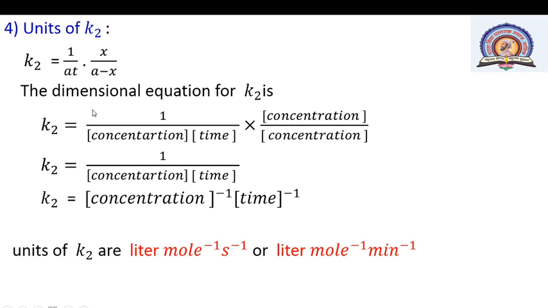The dimensional equation for k2 is equal to 1 upon small a, meaning concentration, into t, time, multiplied by x, concentration, divided by a minus x, also concentration. Now this concentration gets cancelled, then the remaining part is k2 is equal to 1 upon concentration into time. That means k2 is equal to concentration inverse time inverse.